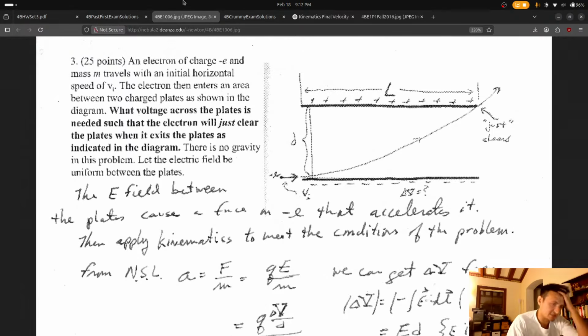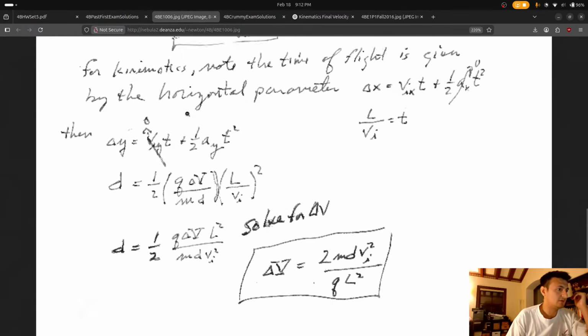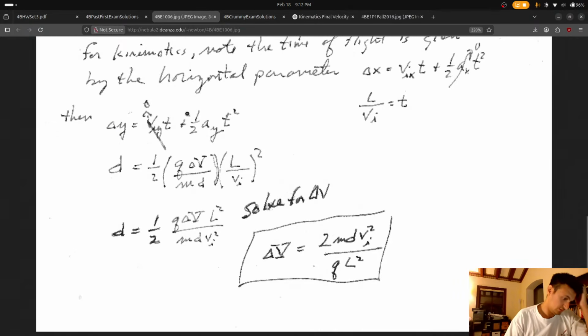Okay, I think I did this in a wacky way, but I believe that we should get delta V equals 2d squared V. I don't think this is right.